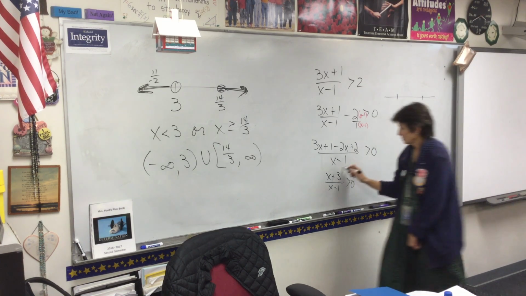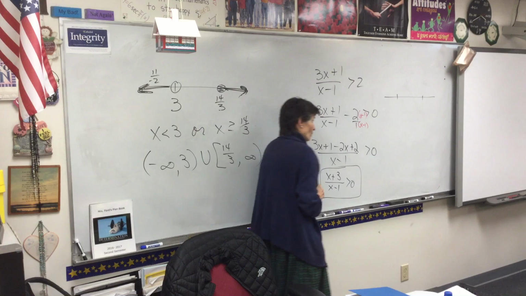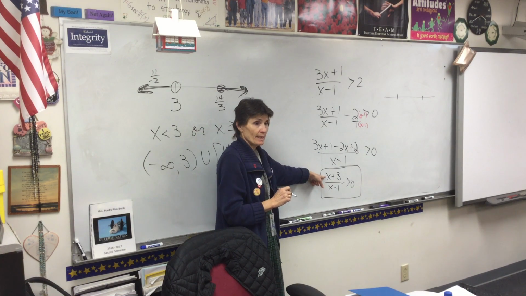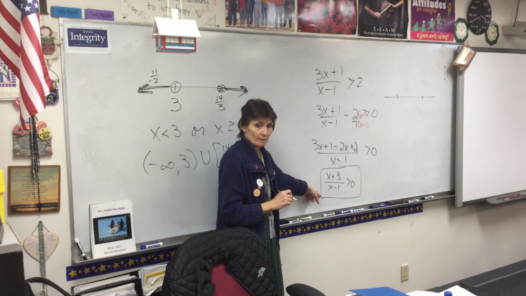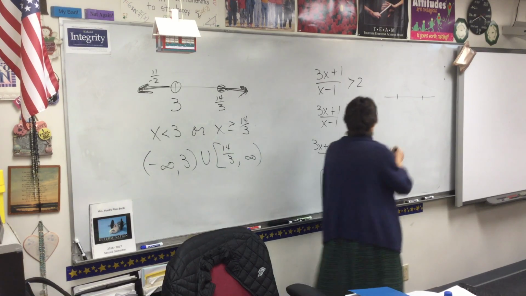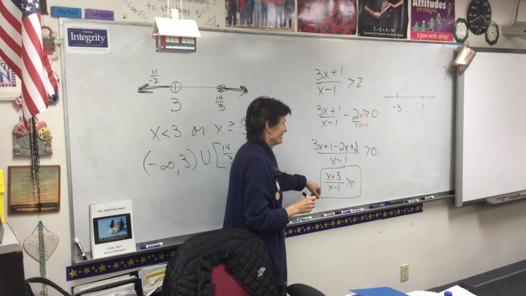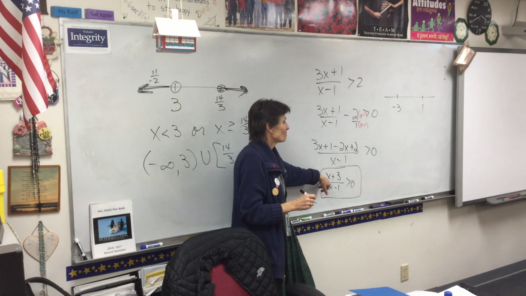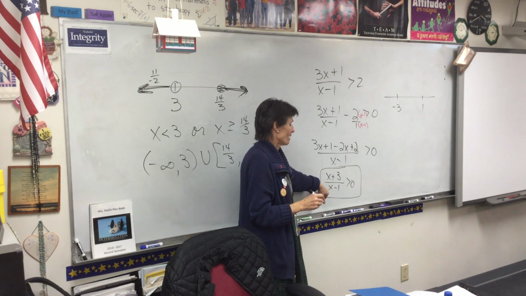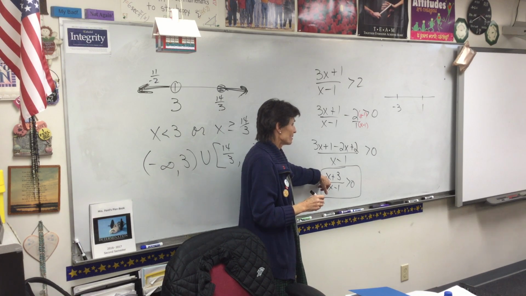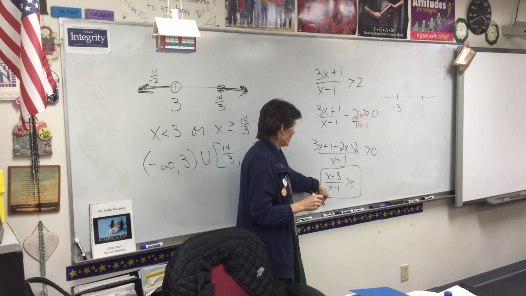Why don't you just do -3 and 1? We're looking there. Where do the dots go? -3 and +1. Look at the top dot. They get a dot from the top and a dot from the bottom. So it's going to be -3 and +1.